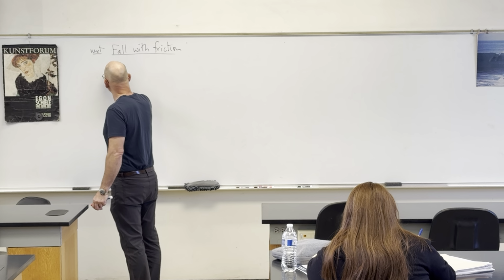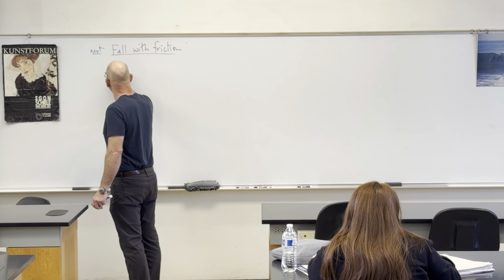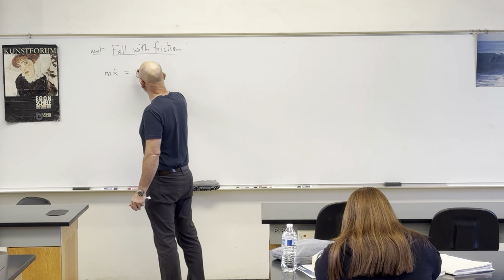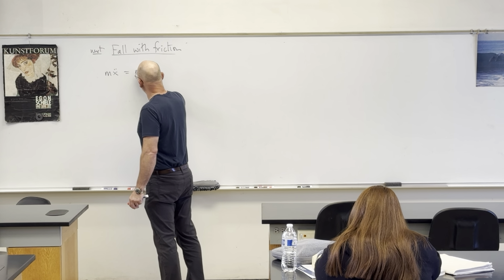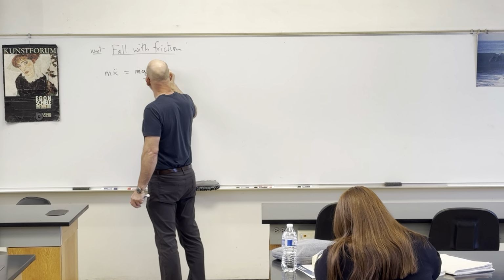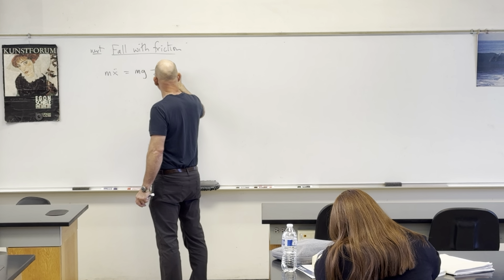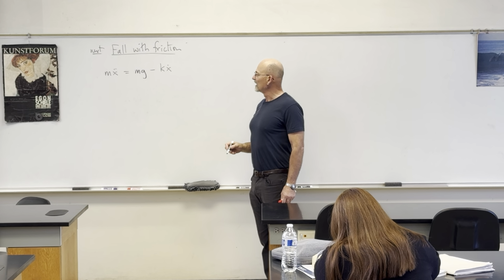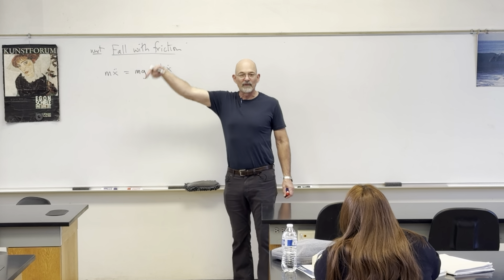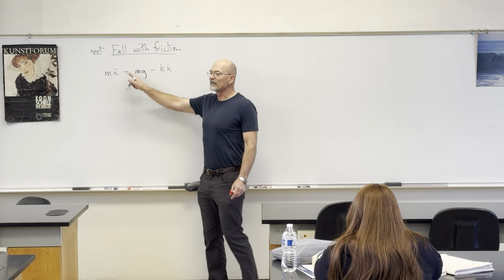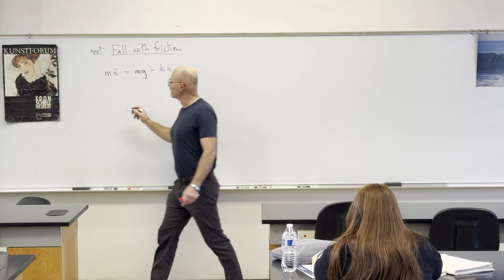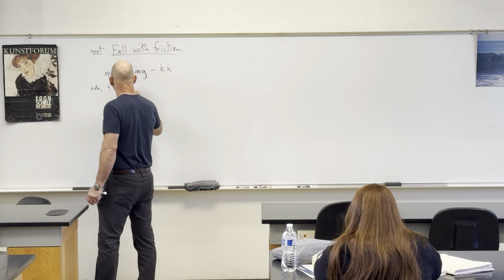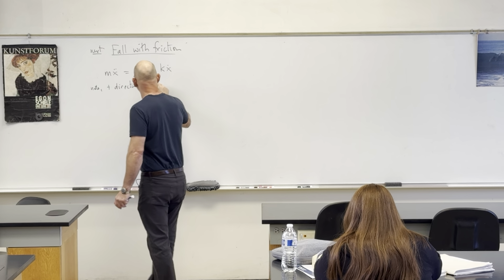So we've got our mass M, and the force is going to be mg minus k times velocity. And the first thing you'll notice here, I decided to choose the positive direction as down. Otherwise I would have put minus mg, but I can do that. So, note: positive direction is down.